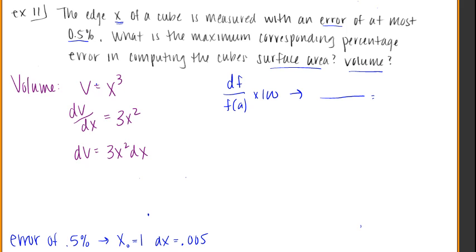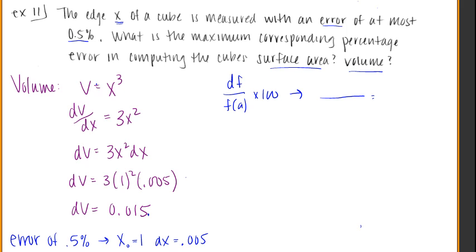And if we evaluate that at our initial x naught value, the change in the volume is going to be 3 times 1 squared times 0.005. In other words, dV is, by the time we multiply all that out, 0.015.